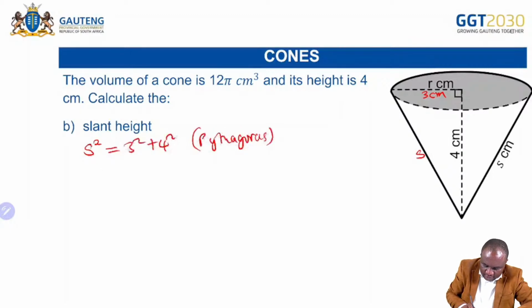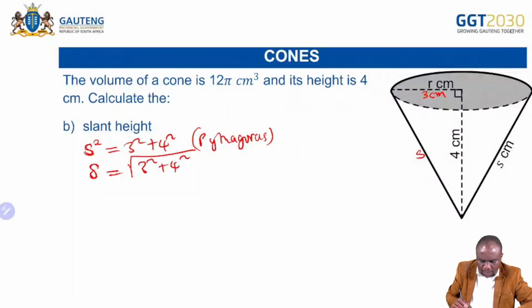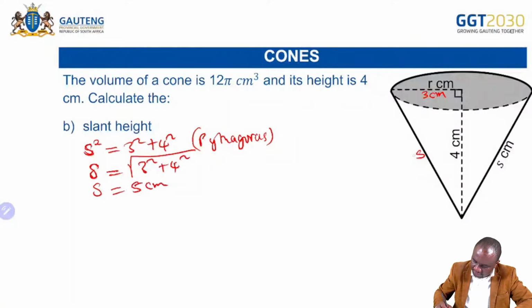Then slant height is equal to the square root of 3 squared plus 4 squared, which is 9 plus 16, which is 25. The square root of 25 is what? It's 5. So slant height is equal to 5 centimeters.